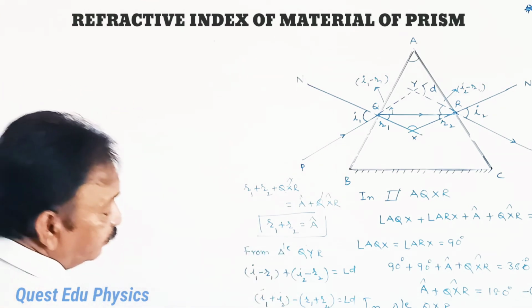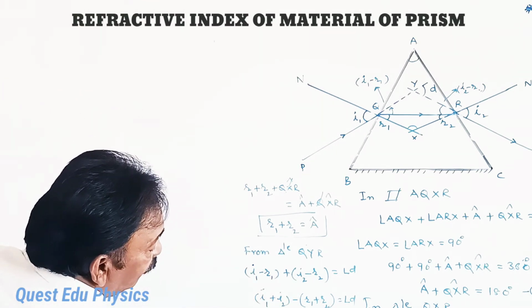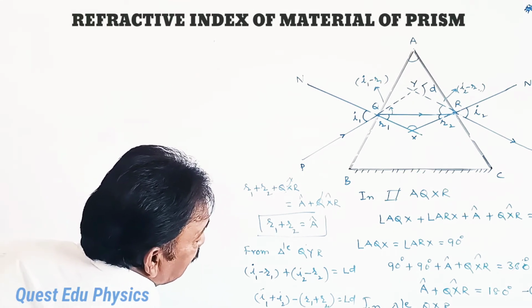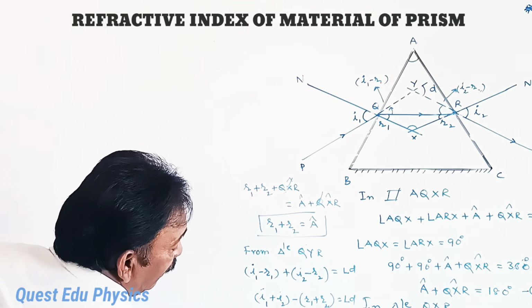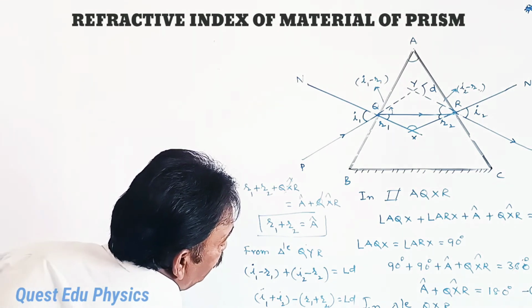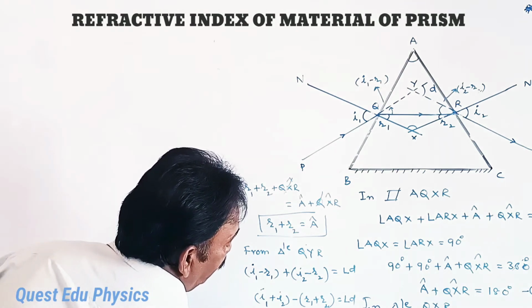Writing this value here, I1 plus I2 minus A is equal to angle D, and I1 plus I2 is equal to A plus D.